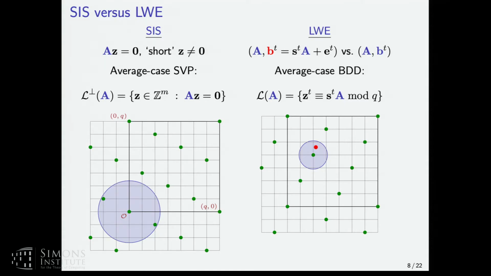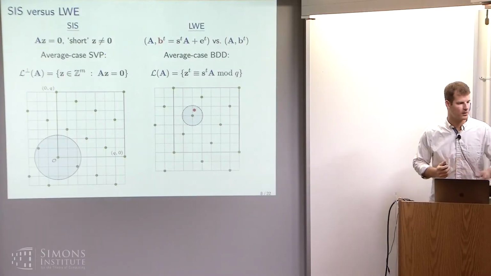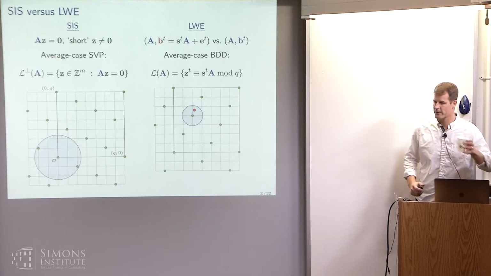And in LWE, it's a bounded distance decoding problem on average, where you're given a point guaranteed to be very close to the lattice, and the goal is to find that unique nearest lattice point. And of course, this lattice here is the dual of that lattice. Okay, any questions about this material?